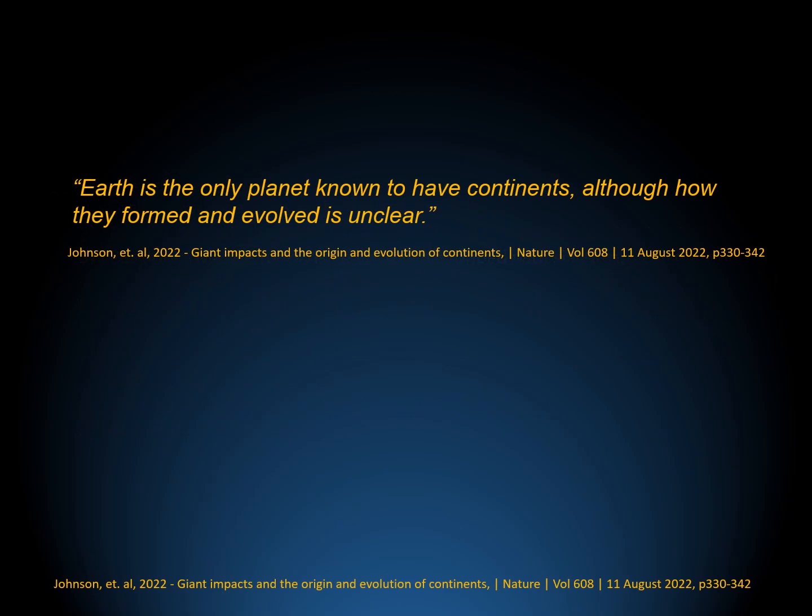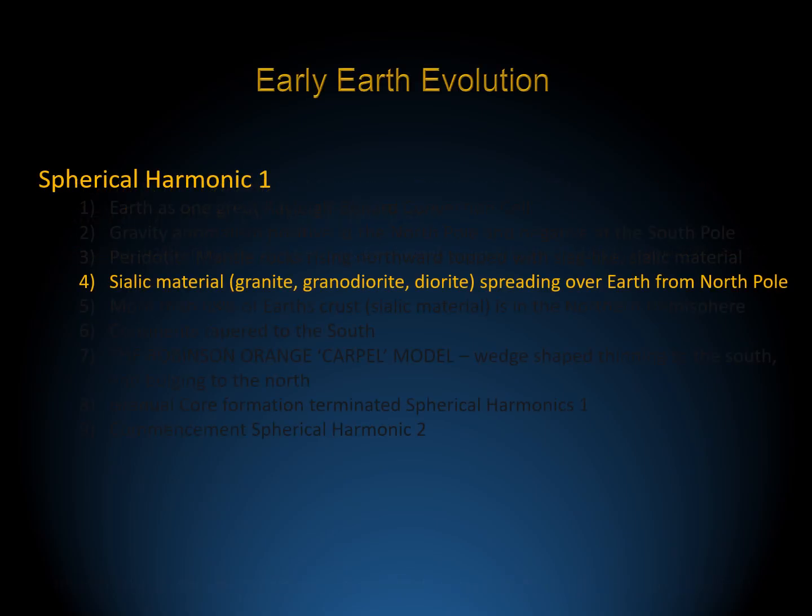As Johnson et al. 2022 point out, quote, "Earth is the only planet known to have continents, although how they formed and evolved is unclear." The model being presented, especially in the next few slides, should add some clarity. Number 4.